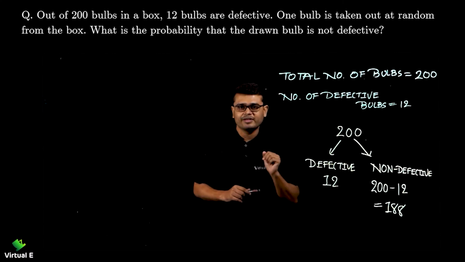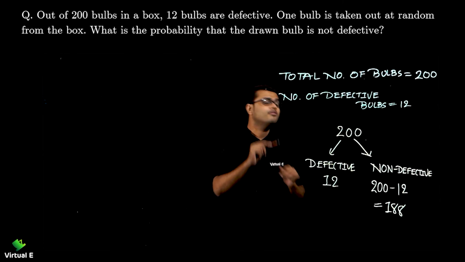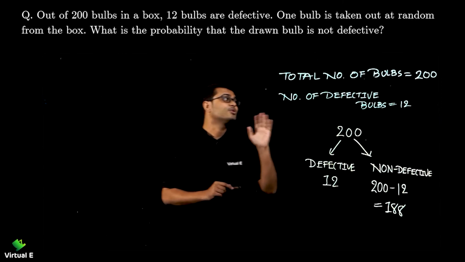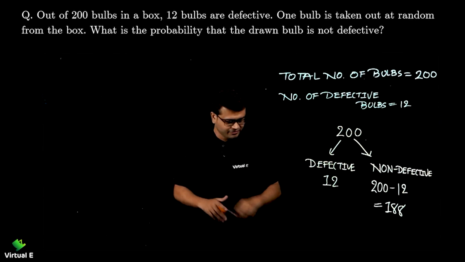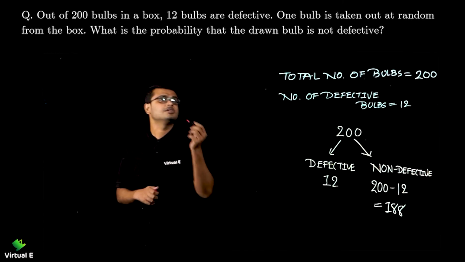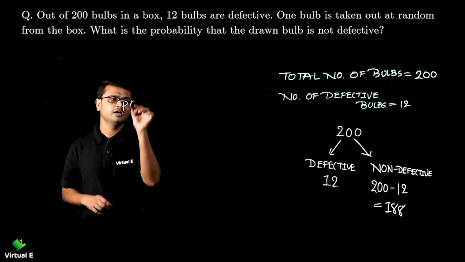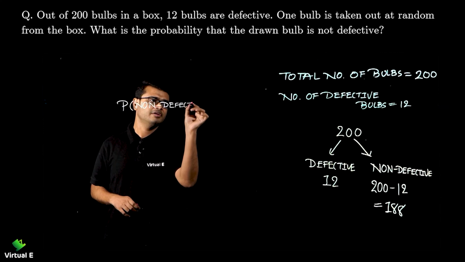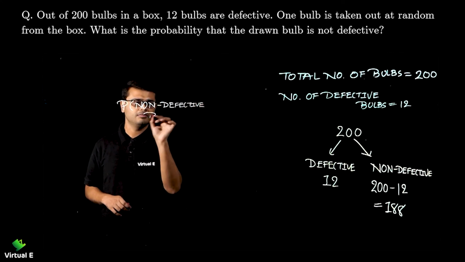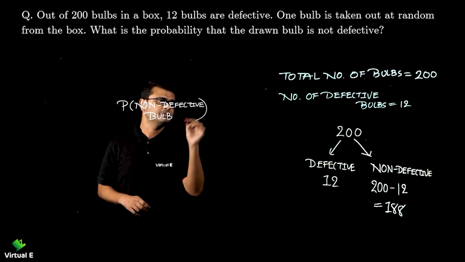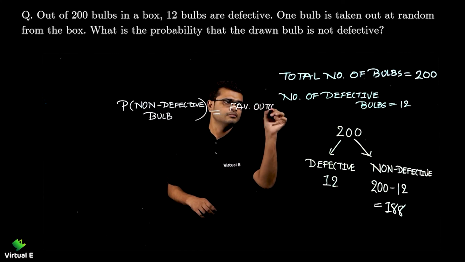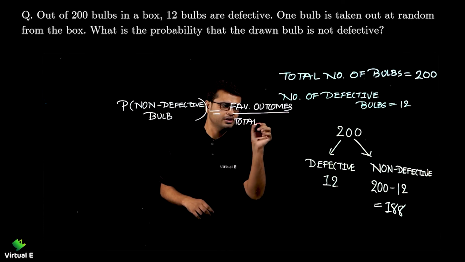So, we get the number of non-defective bulbs. Right? So, what is the favorable outcome? We want to find the probability of getting a non-defective bulb. How many are there? 188. Good. And the total number of outcomes is 200. So, let's apply the formula of probability and get the answer. The probability of a non-defective bulb is favorable outcomes over total number of outcomes.